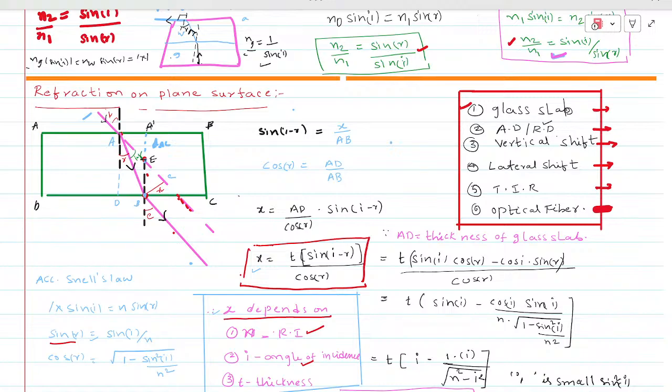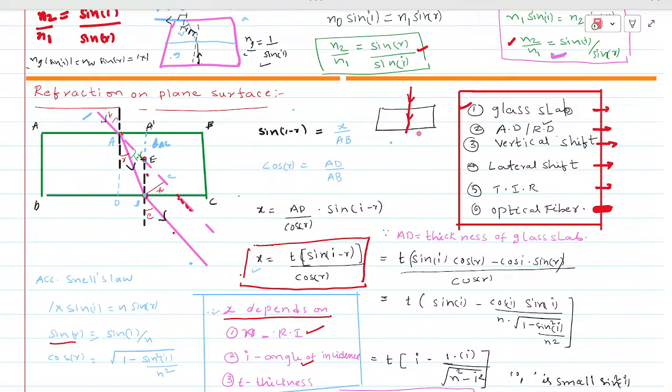Lateral shift means the perpendicular distance between the incident ray and the emergent ray. And here, there are conditions of no refraction. For example, light is incident on the glass slab perpendicularly, like this.